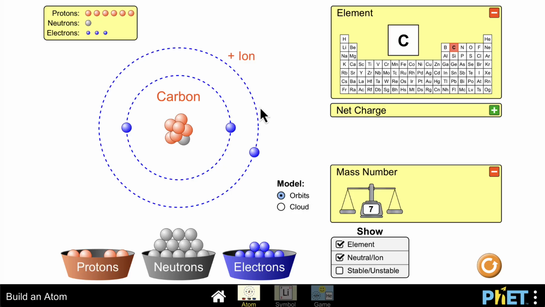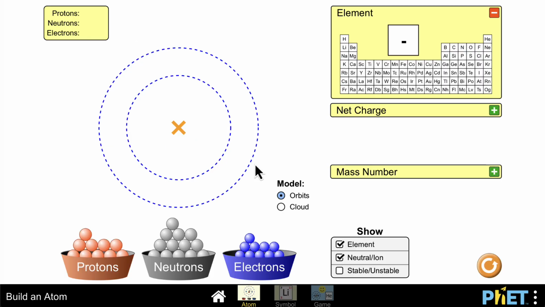Now let's explore how do we know if an atom is a neutral atom or an ion. So let's come back to the original state. We have nothing. So when we have one proton and one neutron and one electron, this is a hydrogen atom and it's a neutral atom. Why does it say neutral?